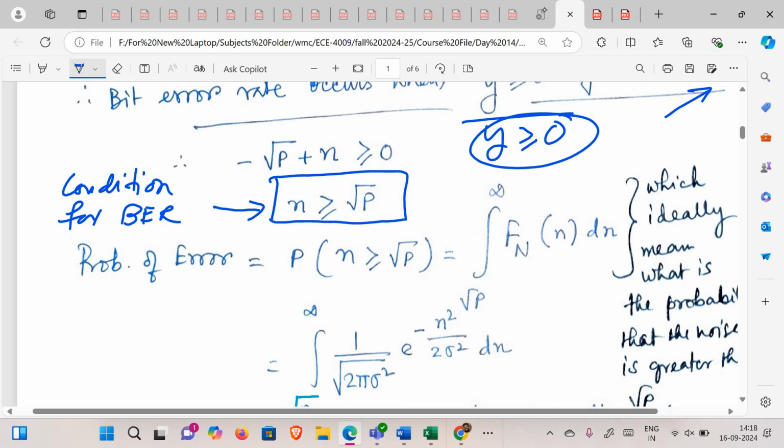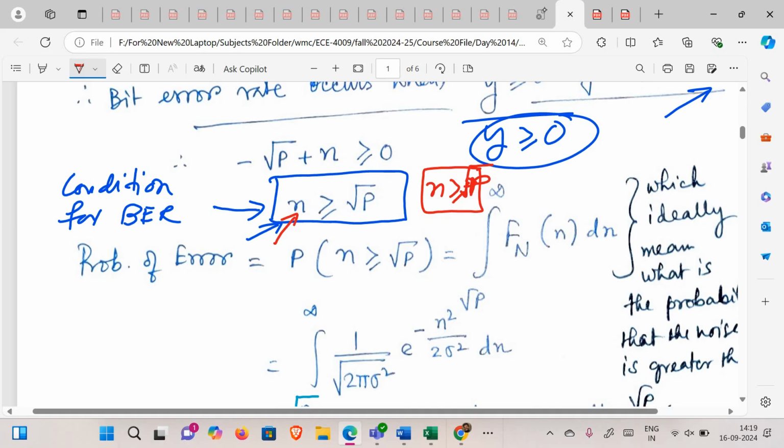The condition of BER suggests that this AWGN noise that we are talking about is all with respect to AWGN, nothing in terms of multipath. If the noise N is greater than square root of P, I'm writing it down again for a better understanding, if this condition is satisfied, then there is definitely a chance that BER will happen.